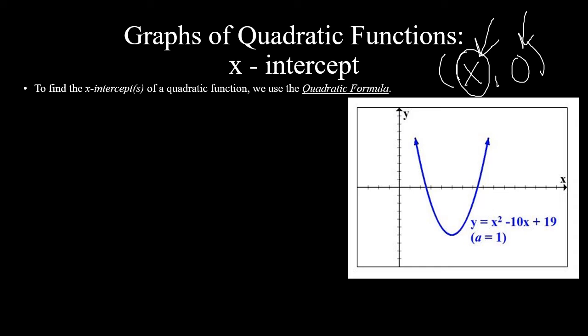I'm sure you've heard this somewhere around the block. It's okay if you don't remember it, but the quadratic formula says that this x value or values is equal to negative b plus or minus the square root of b squared minus 4ac, all over 2a. I said it was so important to be able to find a, b, and c right off the bat.